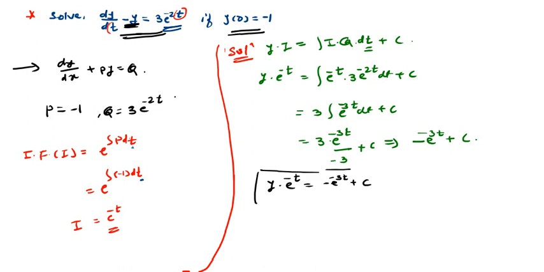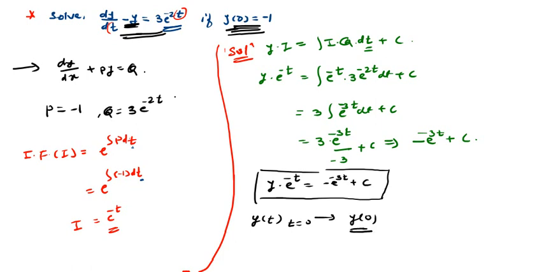But what is said is: what will happen when y of 0 is equal to 1? Okay, y of 0 equal to 1 means what? If in y of t you put t equal to 0, this will become y of 0.